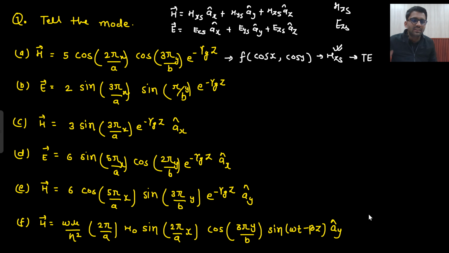So if hzs is there, certainly ezs is not there. That means the electric field is transverse. So transverse electric. Now I need to write down mn. x is always associated with m and y is always associated with n. So the value of m is 2 and the value of n is 3. Right? cos m pi by a into x, cos n pi by b into y. So it is TE23 mode. This is your answer.